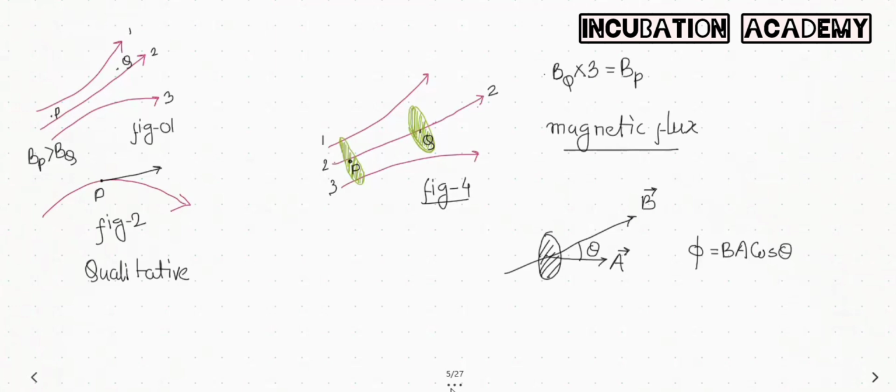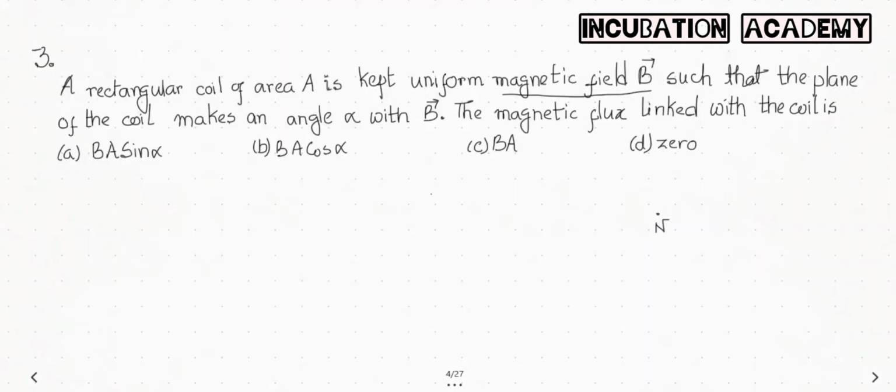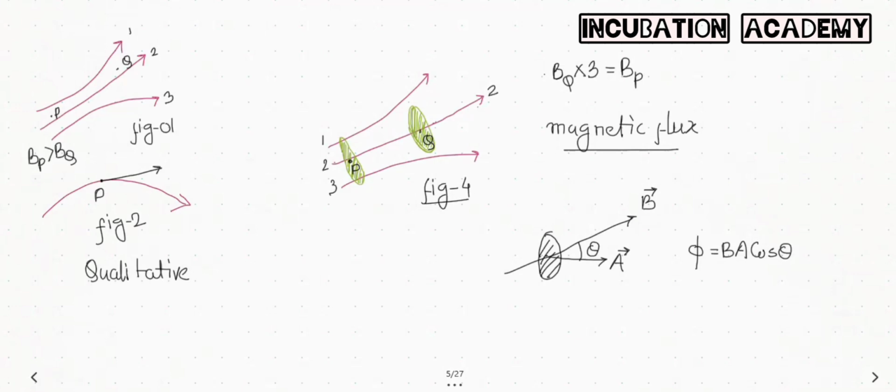In this question, it is mentioned there is a rectangular coil of area A kept in a uniform magnetic field. If the magnetic field is uniform, then the magnetic field lines are equally separated from each other. In the figure 1, figure 2, figure 3, figure 4, in all these figures, magnetic field lines are non-uniform.